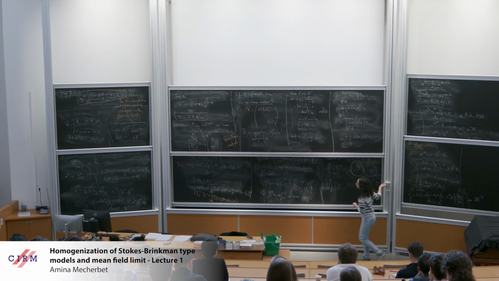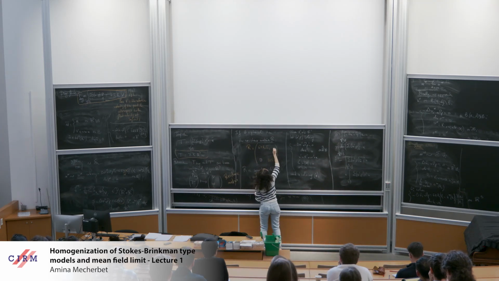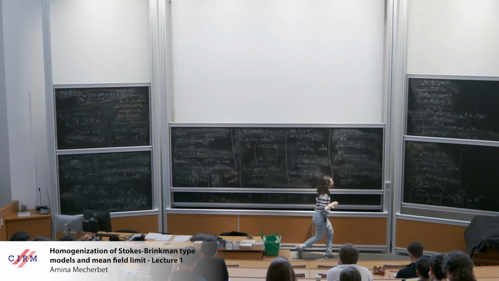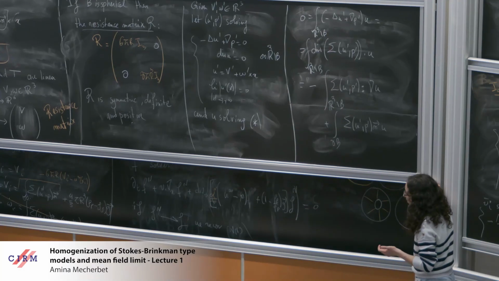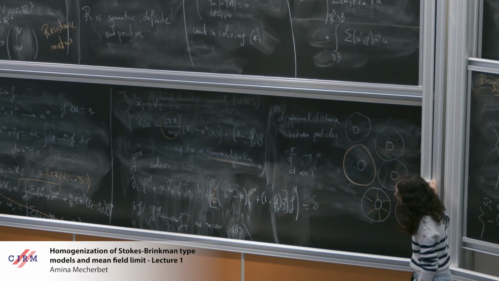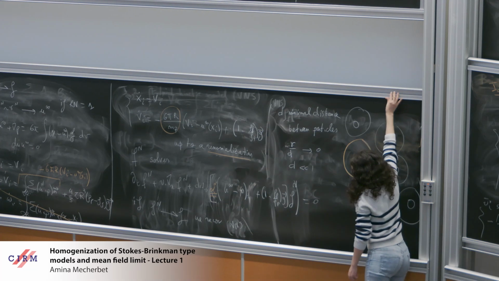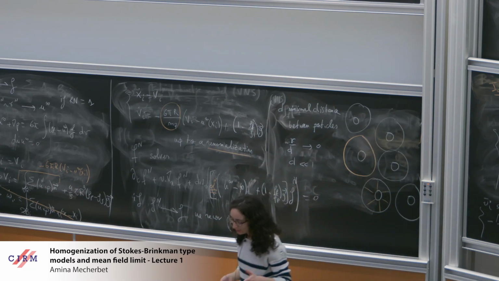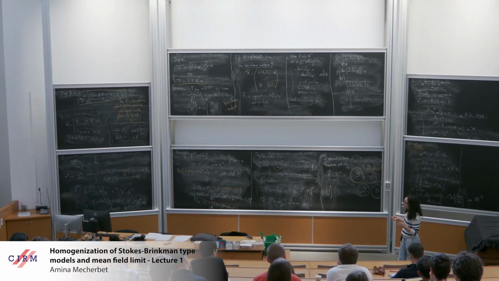So maybe I will not start now the second part, where I will talk about the derivation of the Brinkman term, but I can just give you the main idea about the historical overview. As you saw, this has been done in two steps.